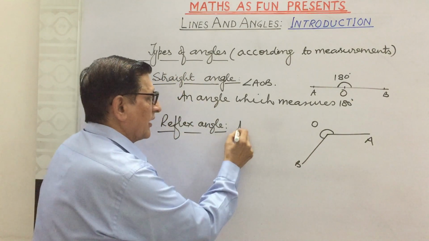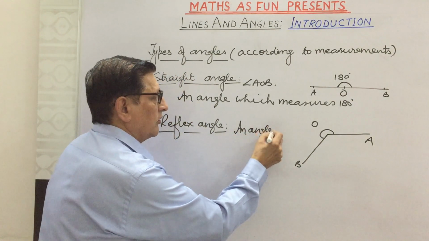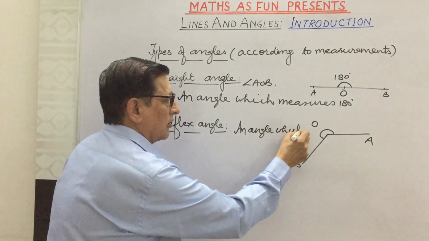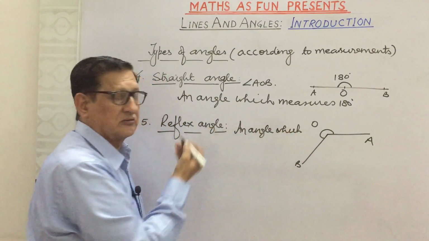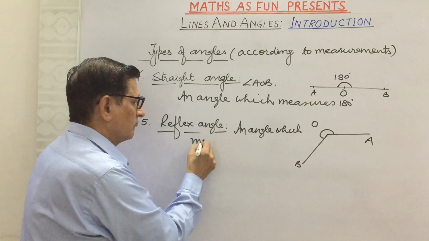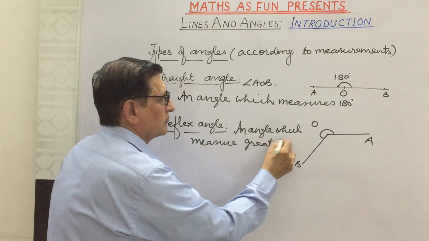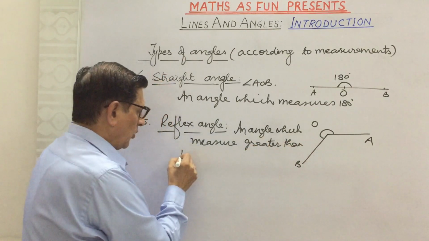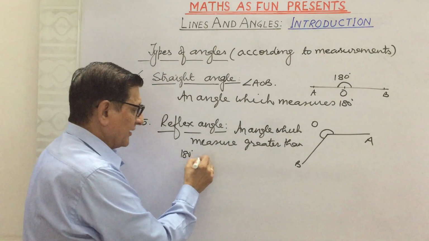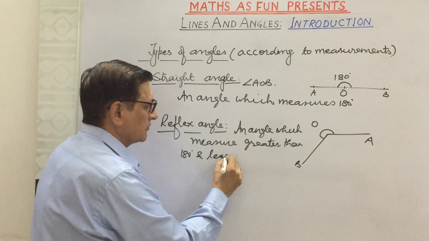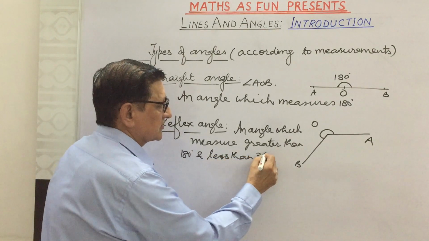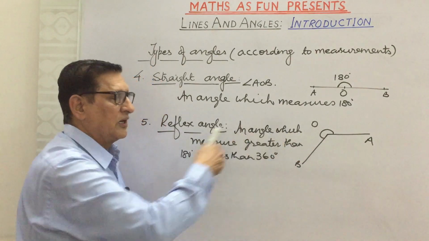So we say an angle which contains or measures greater than 180 degrees and less than 360 degrees is a reflex angle.